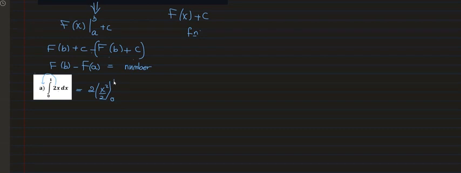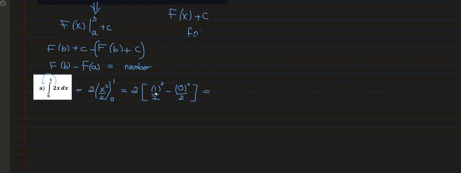So we can write it here with the 1 as an upper limit and the 0 as a lower limit. So we have the 2 outside. I'll substitute the x with the 1 over 2 minus, instead of the x, we will have the 0, the lower limit, over 2.